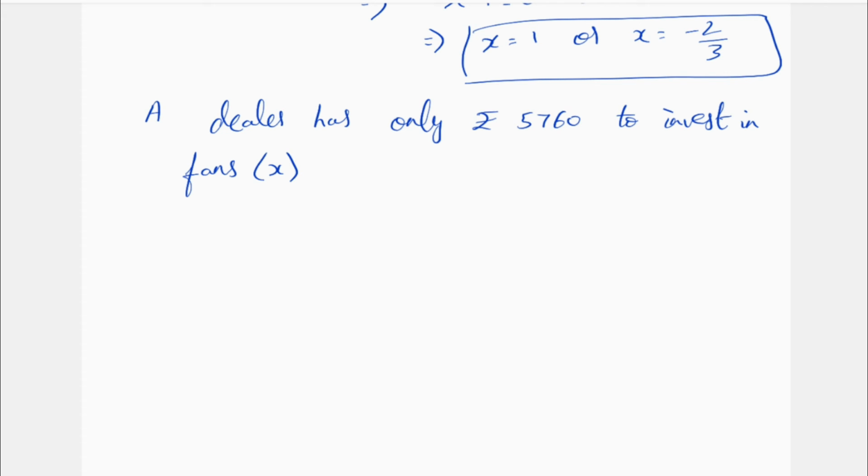They are denoting fans by the variable x and sewing machines with the variable y.